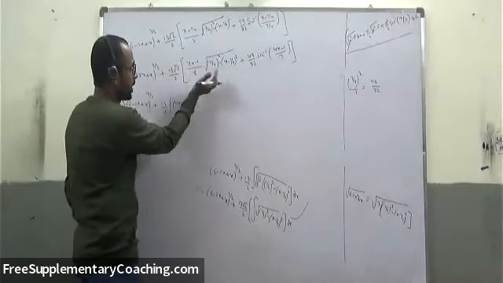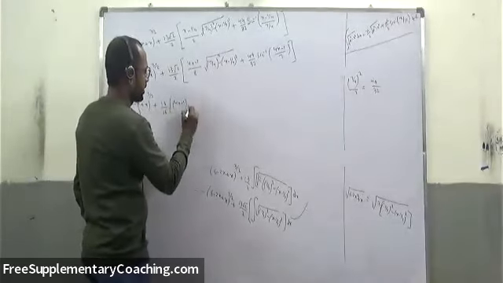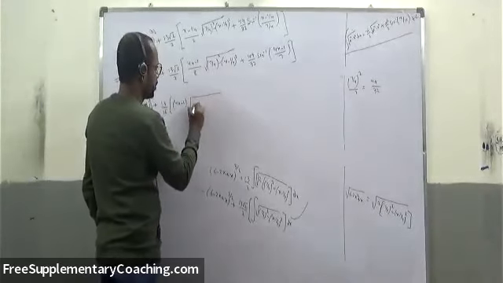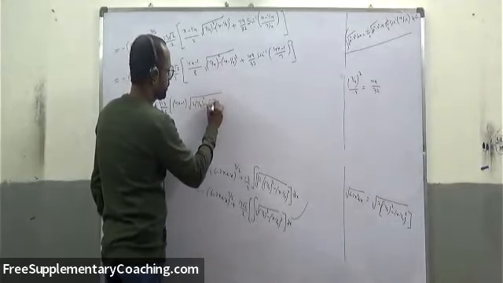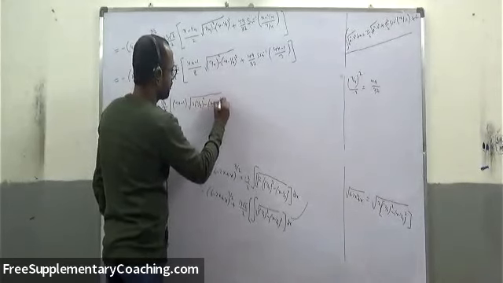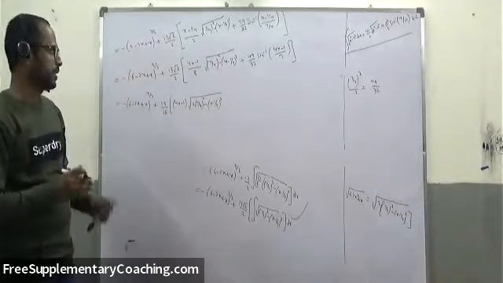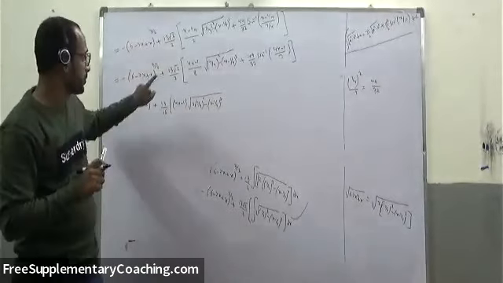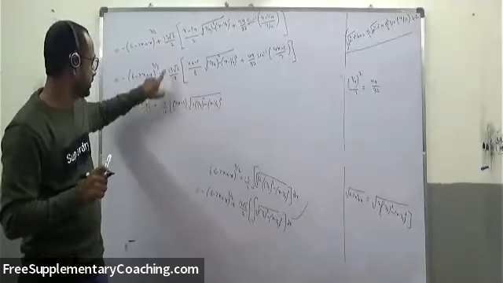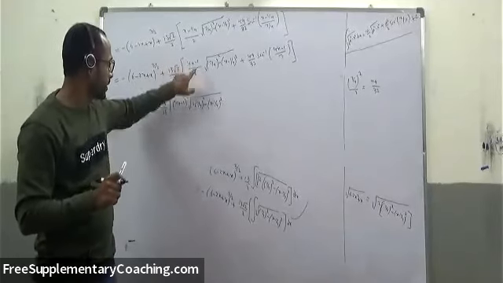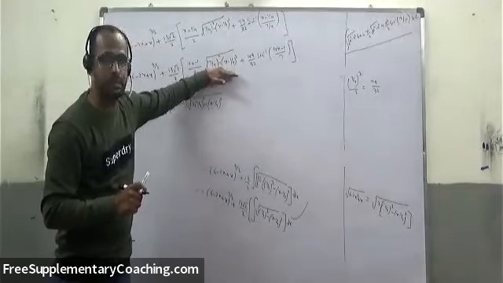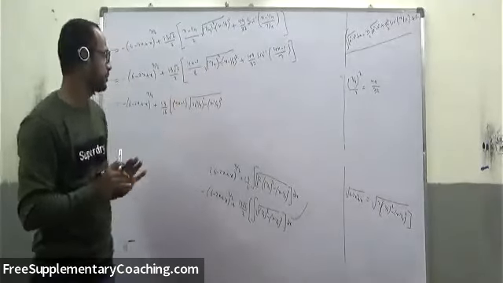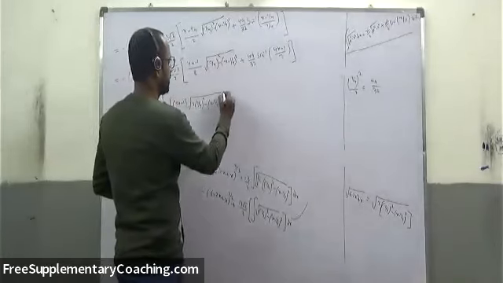This root 2 I am writing with this term, root 2 into root over (7/4)² minus (x minus 1/4)². Once again, 2 eights are 16, 13 as it is, 4x minus 1 as it is. This root 2 I have written with this. Clear? So close this bracket.